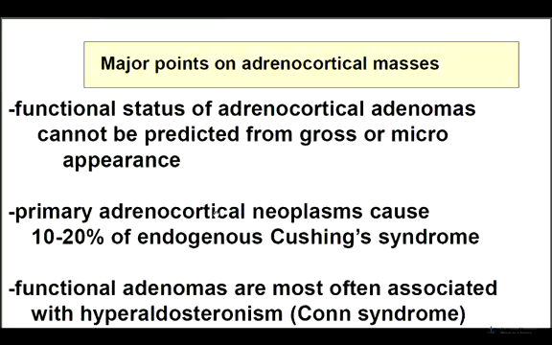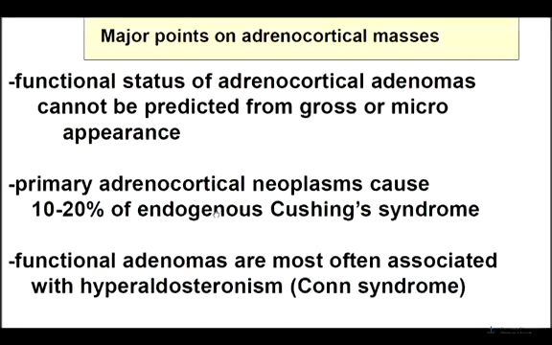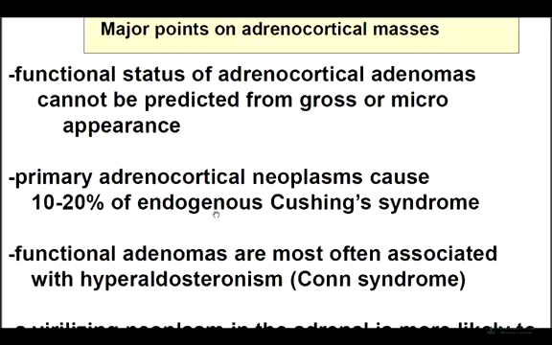So here are the main points about adrenocortical lesions. The functional status can't be predicted from the gross or micro appearance. So the answer to D is obviously wrong. You can't tell from the gross if it's making anything. Primary cortical neoplasms cause 10 to 20% of endogenous Cushing syndrome.